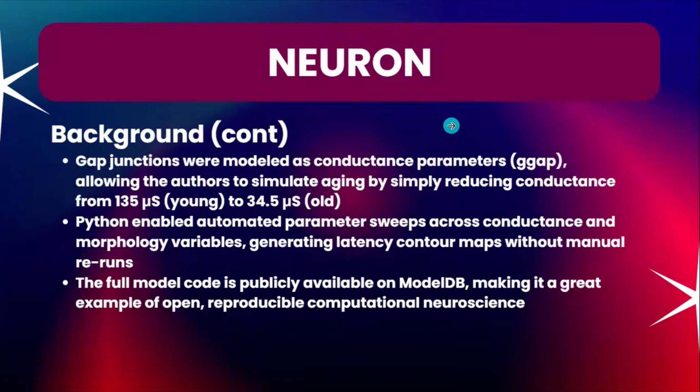And now we see that they were using gap conductance, and this is how they differentiated between young and old. And the reason why Neuron is helpful is because we can use Python to change these parameters. And it's also very open, which is very related to the theme of this whole program, creating open and reproducible computational neuroscience.